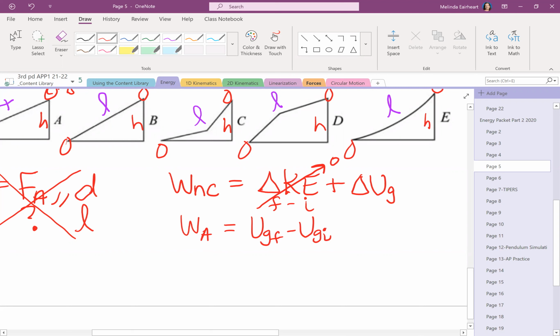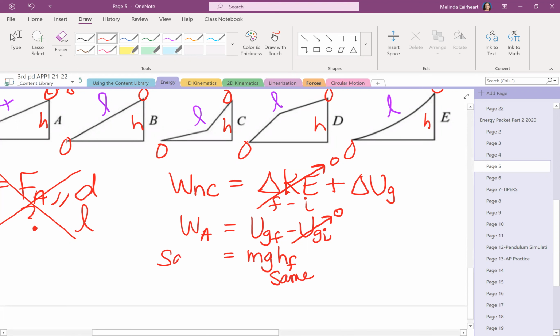Well, they all start at the bottom of the ramp, right? So they start with 0 potential energy. Final potential energy is that mg final height, which was the same for everybody. And the cart that you're going to try to push on each ramp is going to be the same mass, okay?